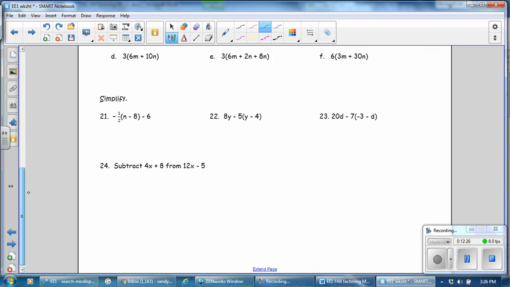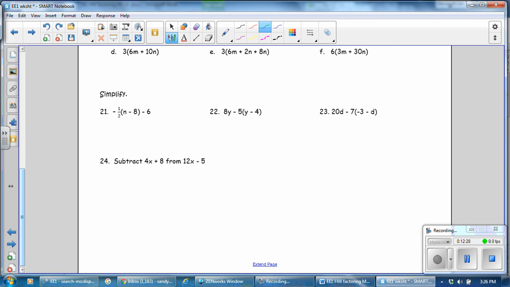Let's go down to number 21. Simplify. So we have negative 1/2 times the quantity n minus 8 minus 6. And what I want to do first here is to rewrite subtraction as adding the opposite. So I'm going to rewrite this subtraction and this subtraction as adding the opposite. So I'm just going to bring down the negative 1/2 and the parentheses and the n. To rewrite minus 8, I write that as adding a negative 8.